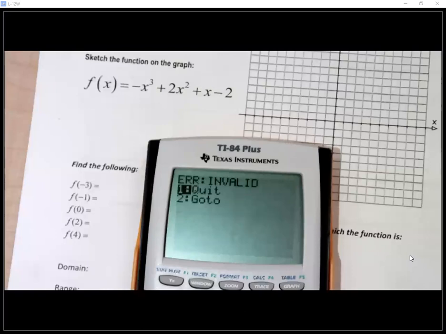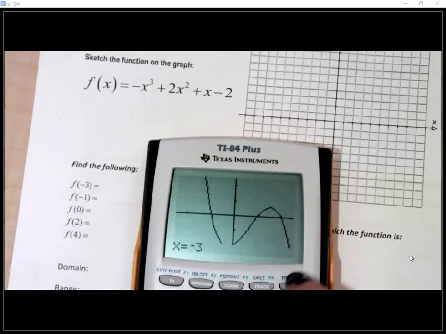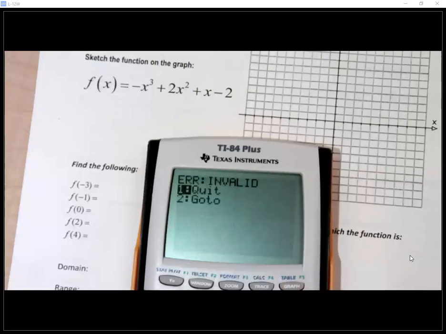Oh, what happened? What did I do wrong? Oh, do you mean to tell me it won't show me if it can't see the whole graph? Oh, that's stupid. Oh my gosh. Okay, well, that I don't like at all.